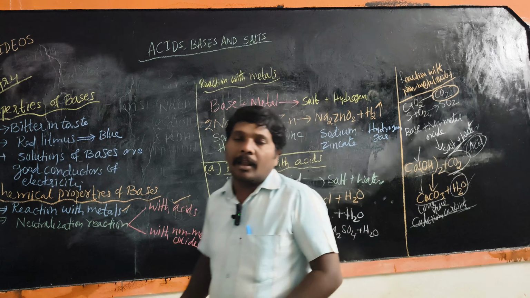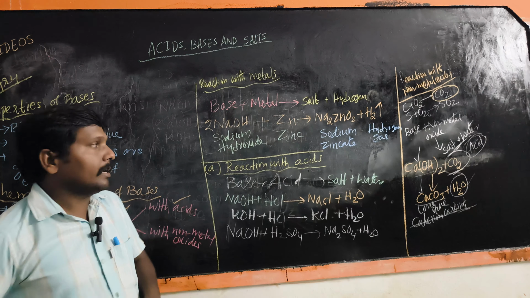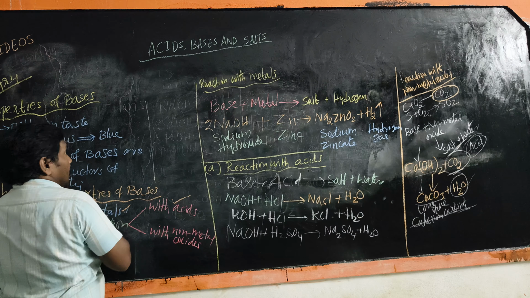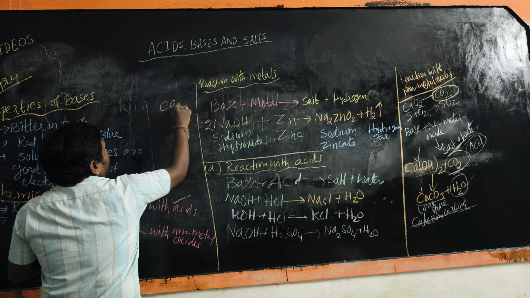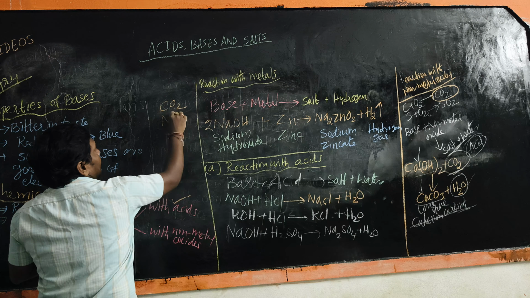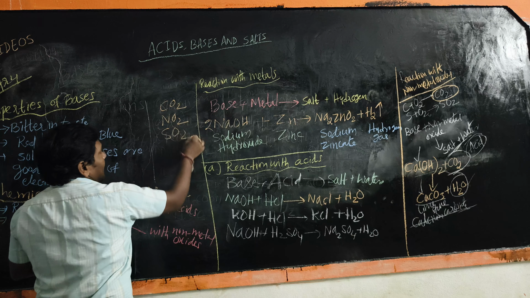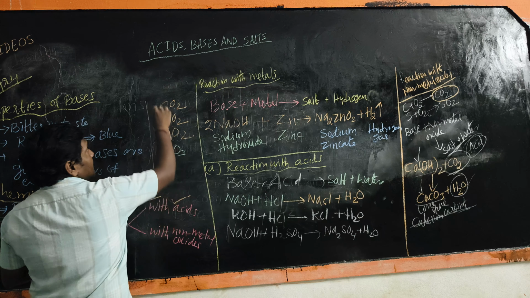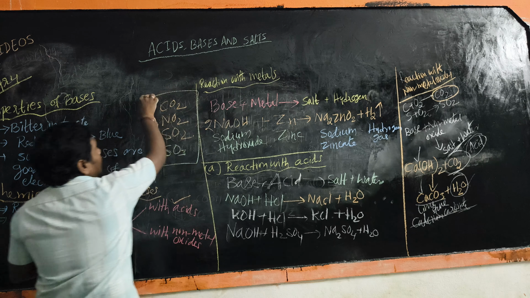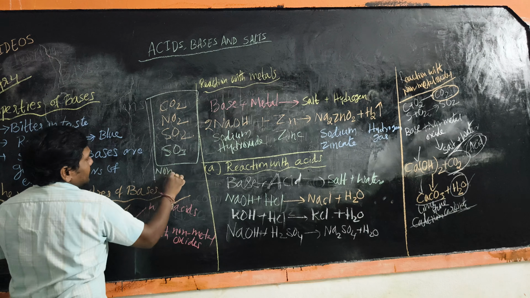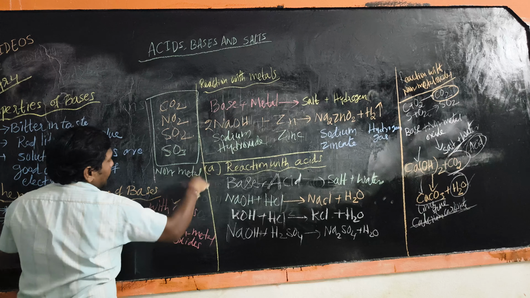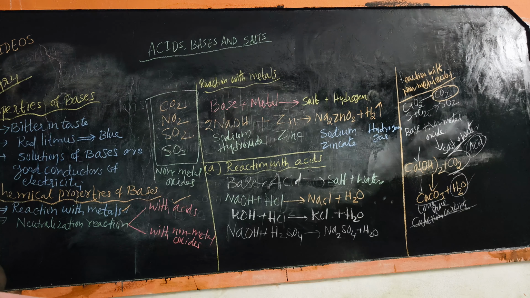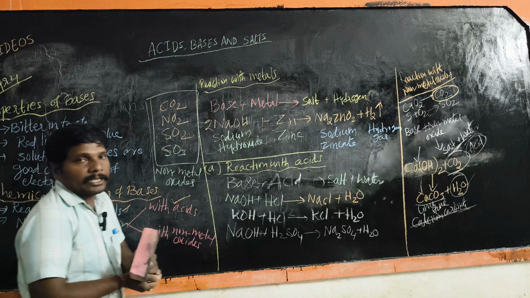Non-metal oxides like carbon dioxide, nitrogen dioxide, sulfur dioxide, sulfur trioxide are acidic in nature.